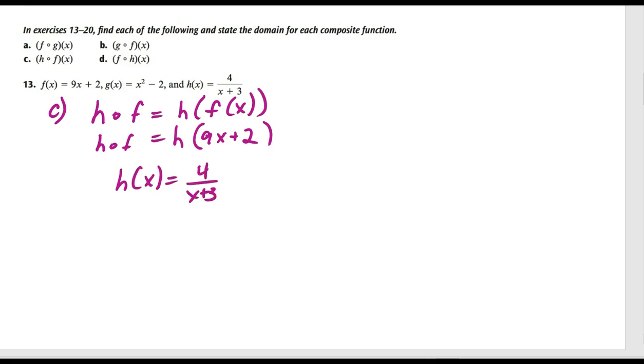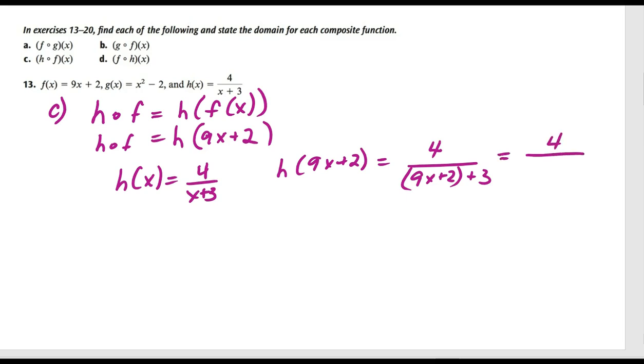I don't want that. I want h at 9x plus 2. So wherever there's an x, I'm going to replace it with 9x plus 2. And then I'm going to multiply this out, and I'm going to get 4 over 9x plus 5. So this is our composition of functions, h composed with f.